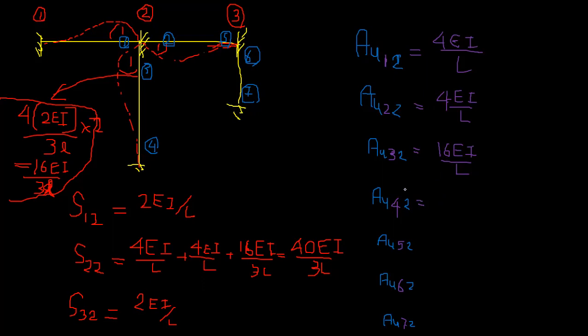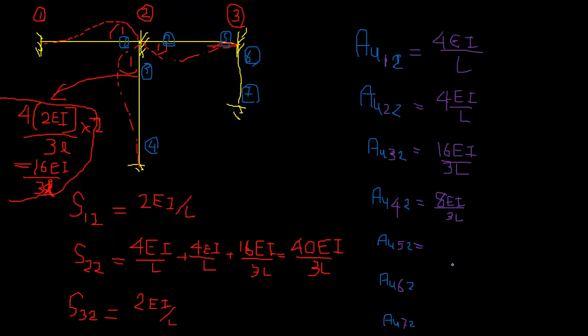So here it's half of this, right? If it is 4 EI over L, this is 2 EI over L. If it is 16 EI over 3L, this is going to be 8 EI over 3L. Because the carryover factor is half, right?